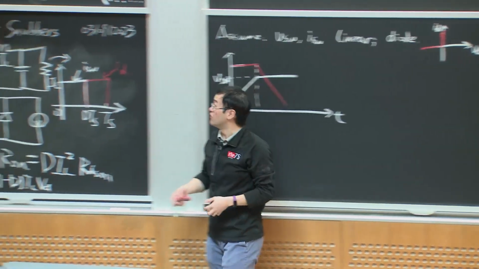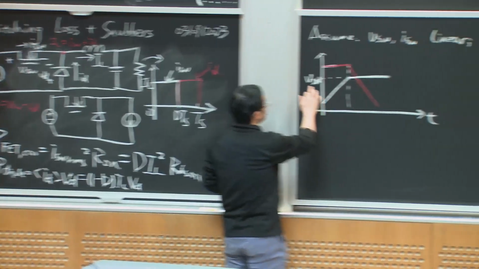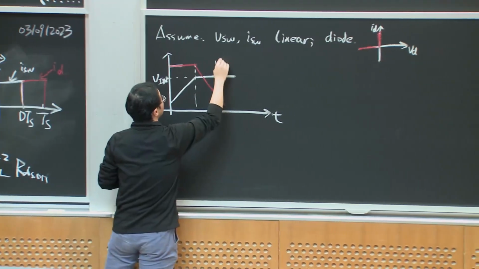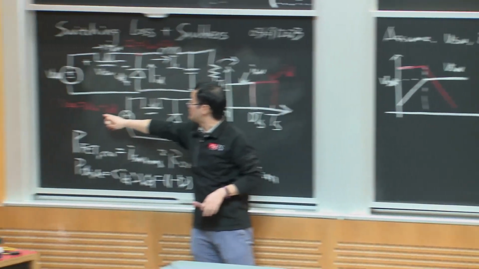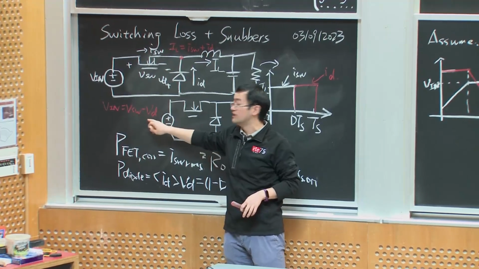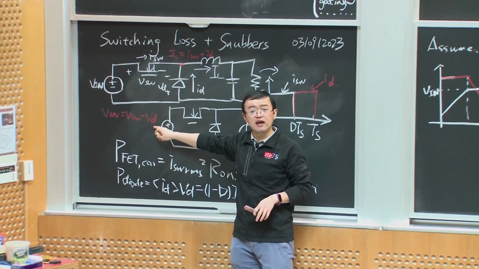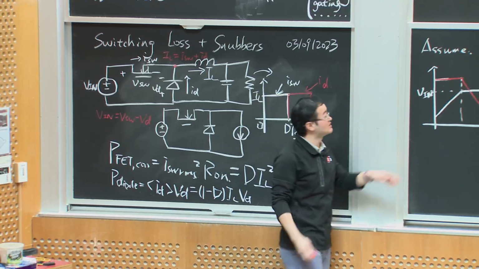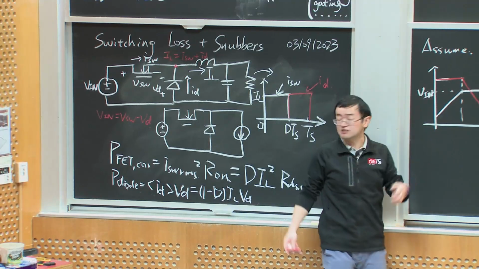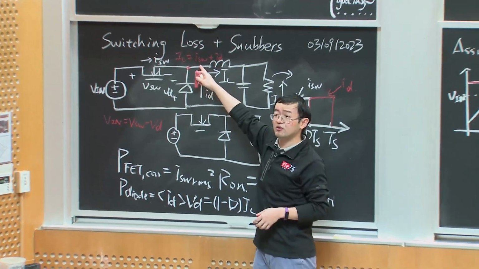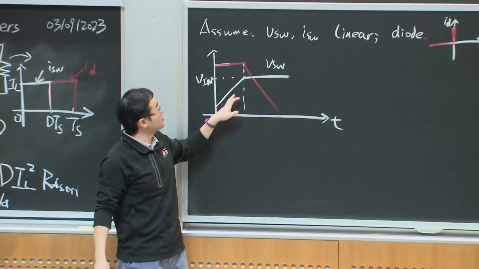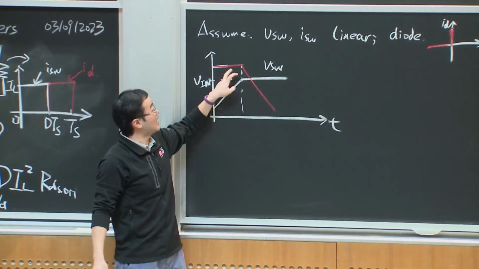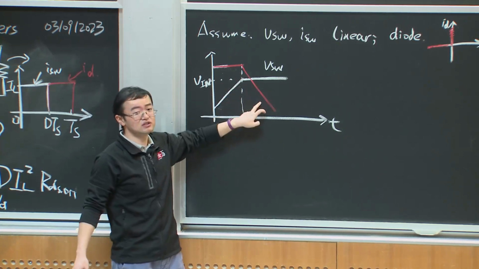So to have the 0 voltage drop, you need the switch voltage, VSW, to increase to its maximum. And when it has increased to its maximum, which is V in, then the VD can become 0. And later, the diode can conduct the current. Then if the diode conducts the current, the ISW will decrease. So that is, during the turn off, the switch voltage increases first, and then the switch current decreases later.